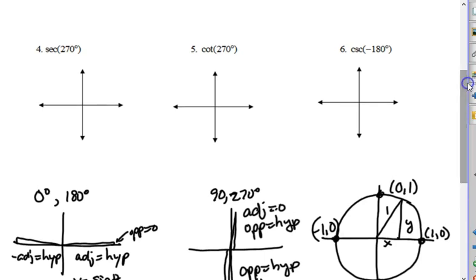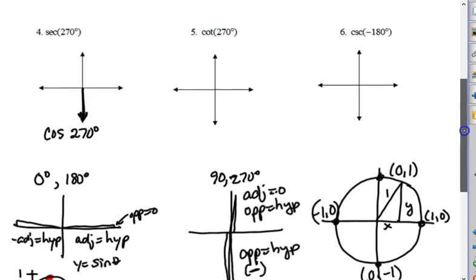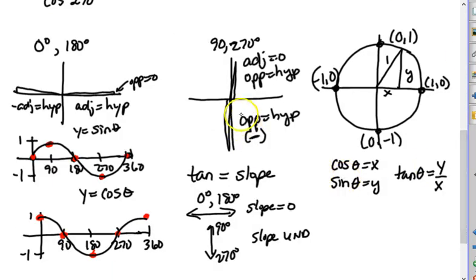So let's think about secant of 270. Using one of the methods, we need to figure out, first of all, what is cosine of 270? If I drew a little triangle at 270 degrees, the opposite side equals the hypotenuse, but the adjacent side equals 0, so cosine would have to be 0.